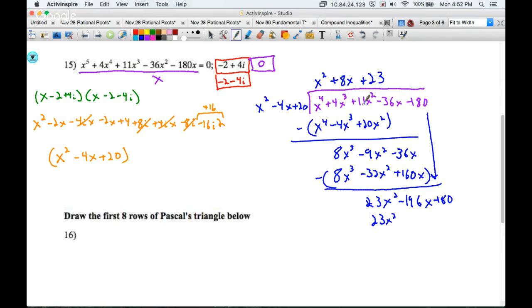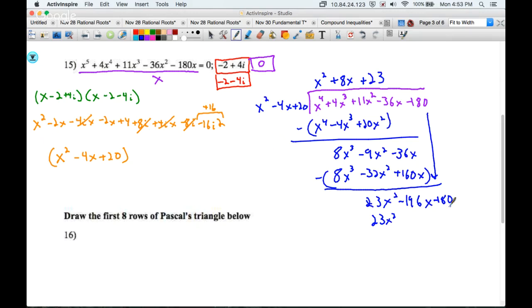Subtract, drop the 36. 8, negative 32. Right. And then 160. 23, negative 169, negative 180, and 23 times 20. That's way out. That's 460.